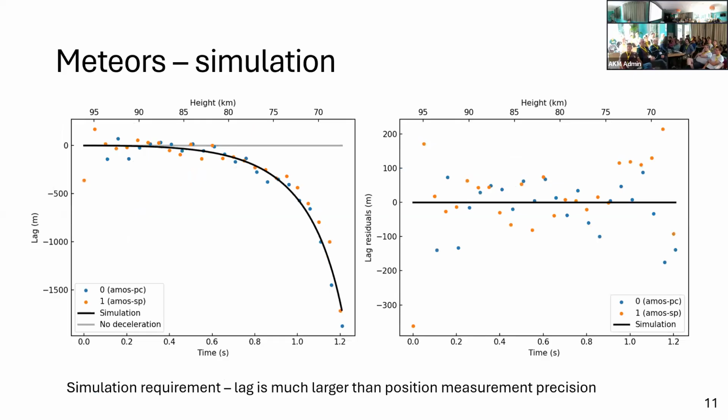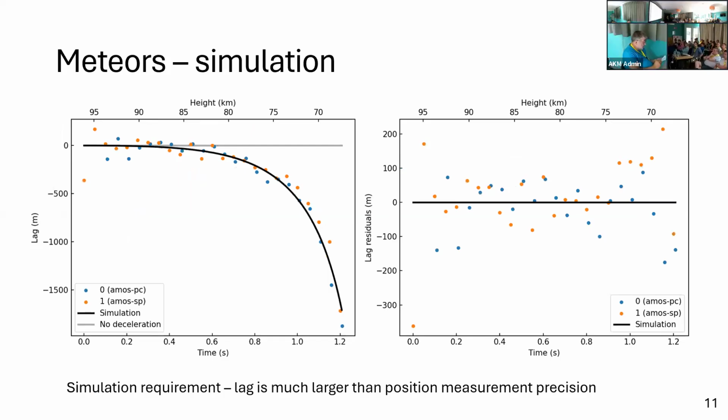And by position, I mean the so-called lag, which is shown on the left plot, and it is defined as the difference between the distance traveled by the real observed meteoroid and the fictitious non-decelerating meteoroid.